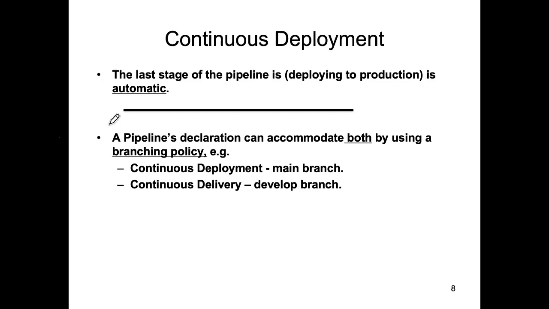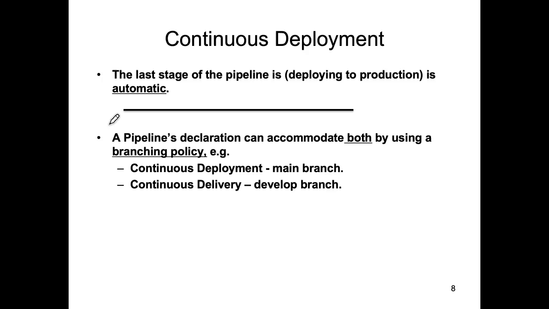And I did allude to the fact that within the one GitLab YAML file, you can define your continuous delivery and continuous deployment pipelines within the one physical file, if you like. You don't have separate files for them. The way you achieve it is simply by means of a branching policy. For example, you might have two branches, the main branch and a develop branch. There would be other branches as well, which are feature branches.